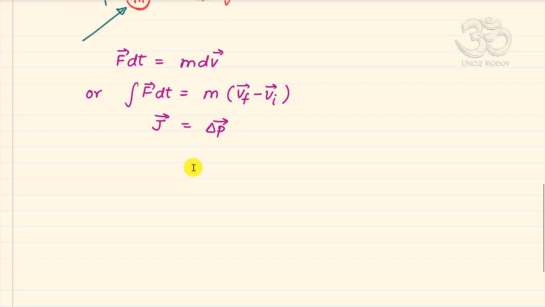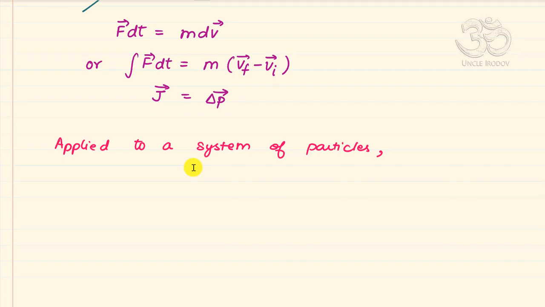So applied to a system of particles, you will get on the left hand side F external net dt is equal to M, and the mass here will be the total mass of all the particles, so I should say summation of m, times dv center of mass.